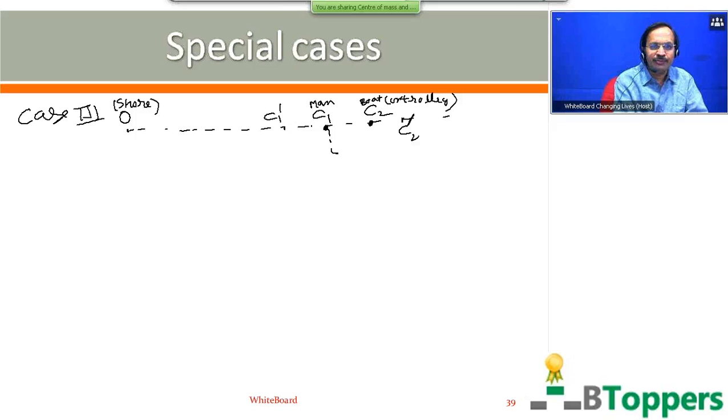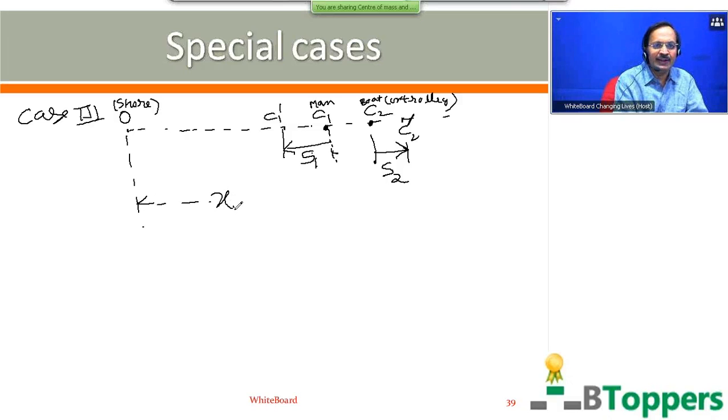Man moves on the boat toward the shore linearly. The boat moves in the backward direction. That means the distance between C1 and C1 dash gives you the actual distance moved by the man relative to the laboratory frame of reference, or with respect to shore. Distance between C2 and C2 dash gives you the actual distance moved by the boat with respect to the station observed on the shore.